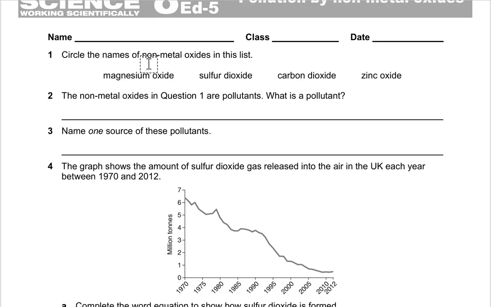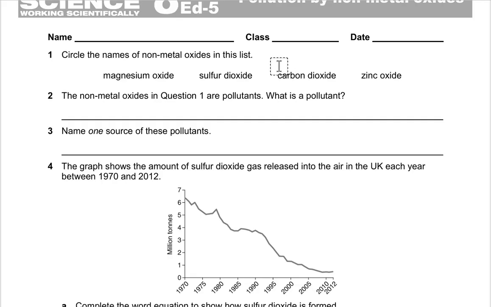Circle the names of non-metal oxides in this list. What are the non-metal oxides in these? Before you circle, think what are the metal oxides you know. Magnesium and zinc. Magnesium is a metal.